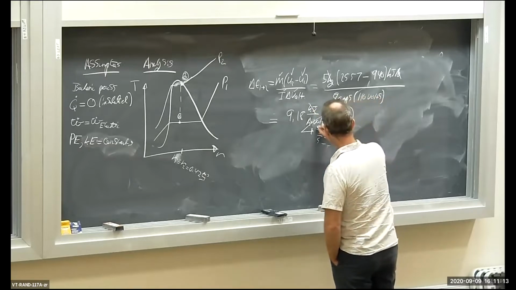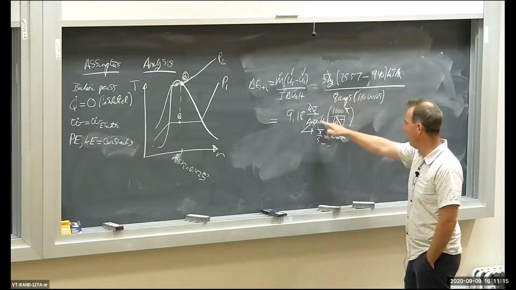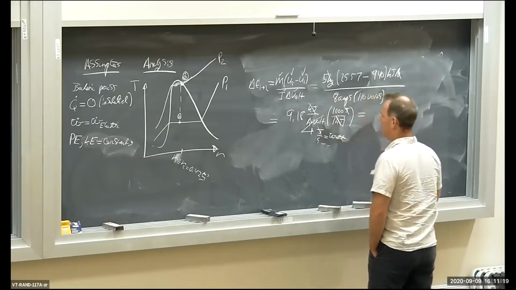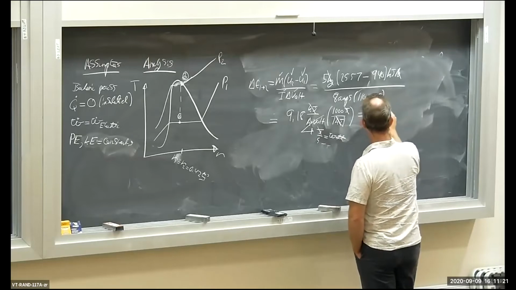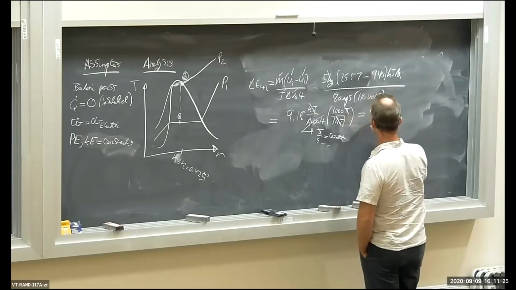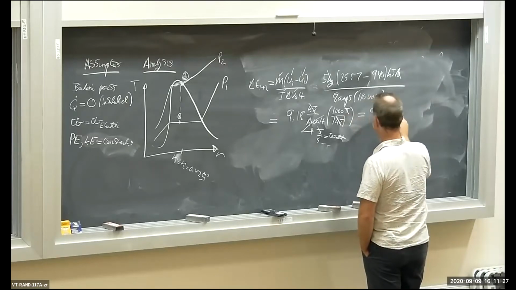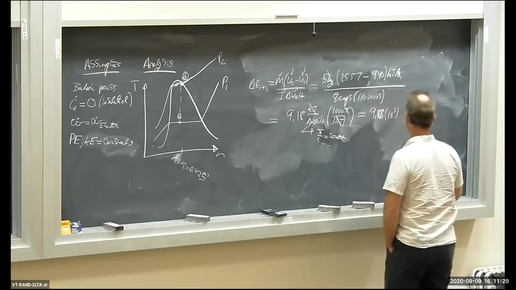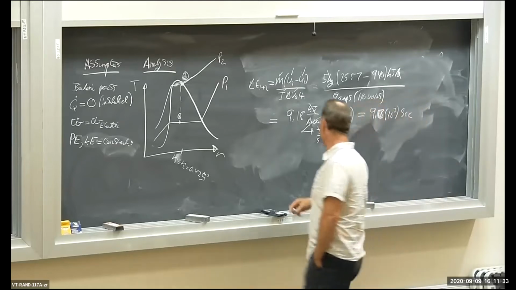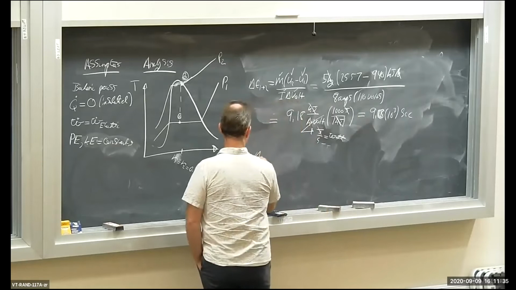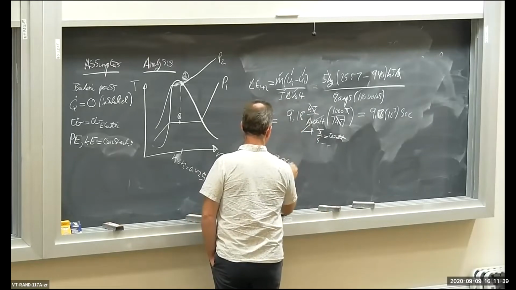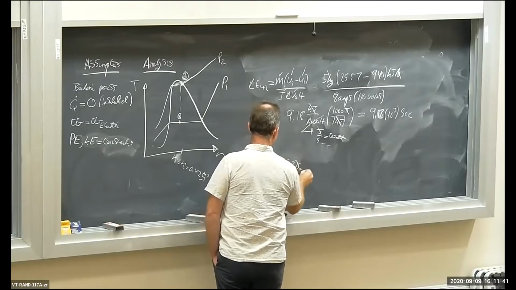The joules cancel out and I get 1 over seconds, so I get 9.18 times 10 to the 3, and the units work out to seconds. So delta T is equal to 9.18 times 10 to the 3 seconds.